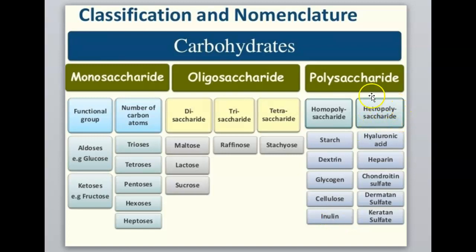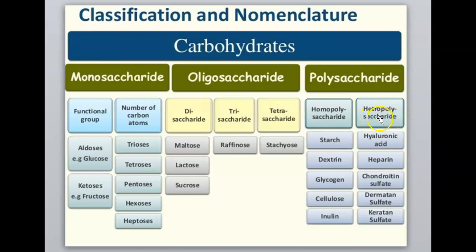And the second type of polysaccharide is the heteropolysaccharide. The word hetero means different. So the heteropolysaccharides give examples such as hyaluronic acids, heparins, chondroitin sulfates, dermatan sulfates and keratan sulfates.